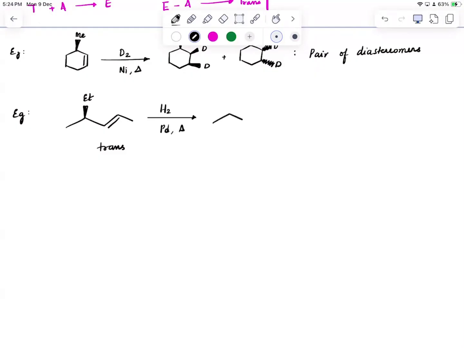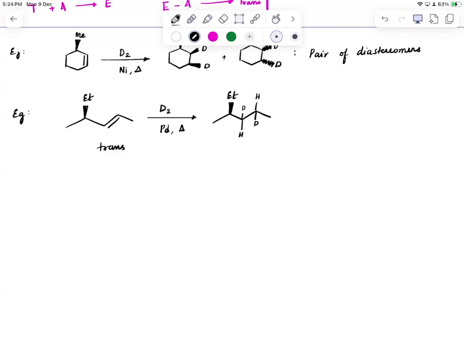So again, the logic is the same. I'll have ethyl this way, that is fixed. And now if D2 is added here, I'll have hydrogen and deuterium here. Here also I'll have hydrogen and deuterium.